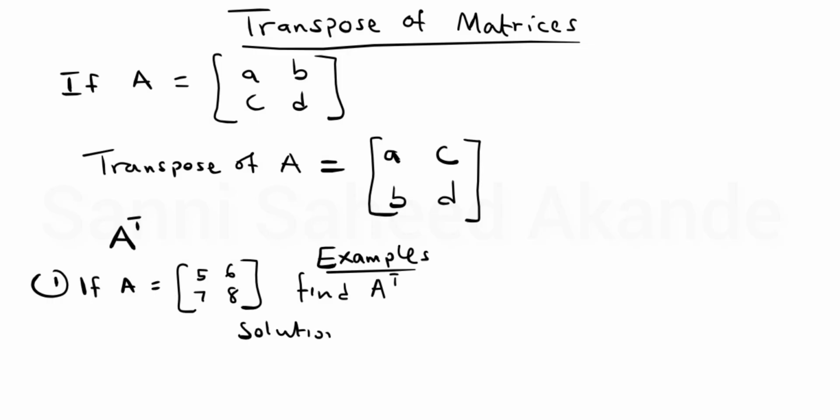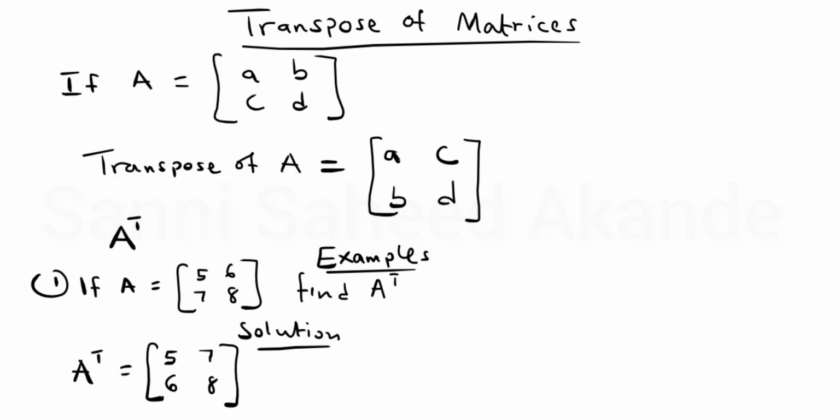We don't need any calculation here, just change the rows to columns and the columns to rows. So A transpose will be equal to: this row 5, 6 will become a column, so I have 5, 6. Then the second row 7, 8 will become the second column, which is going to be 7, 8. And that is the transpose of that question.